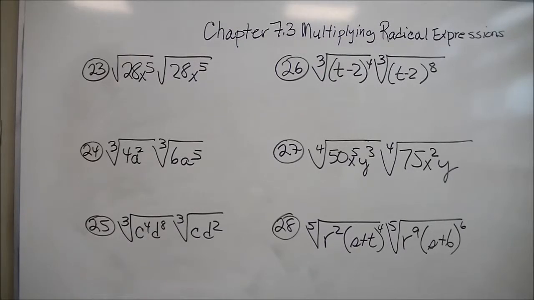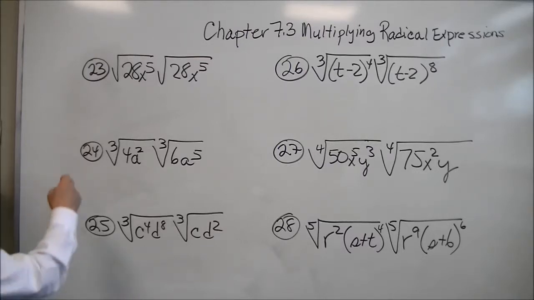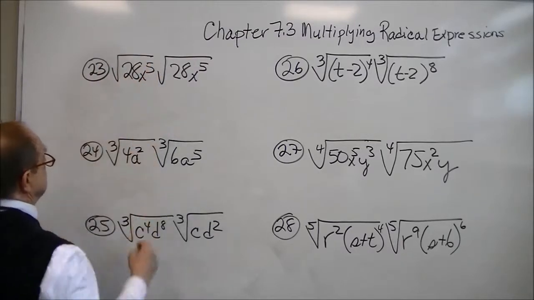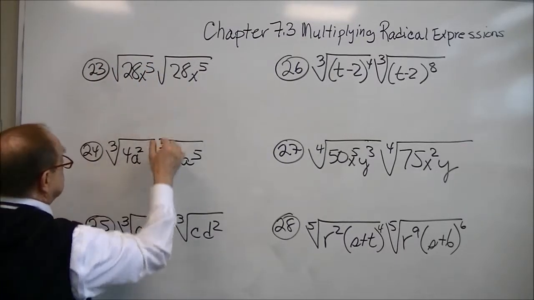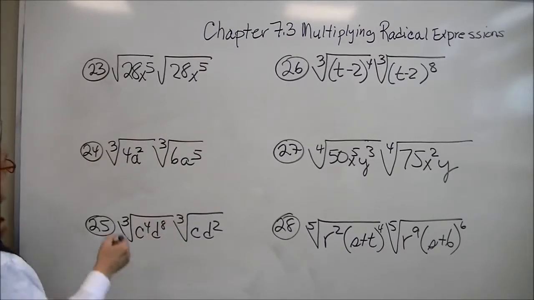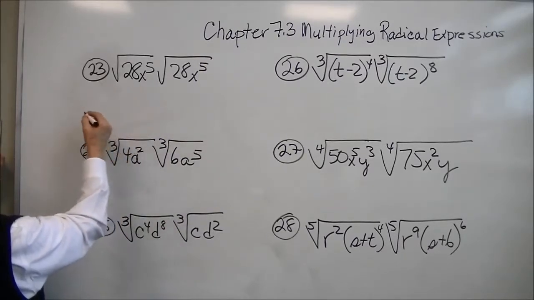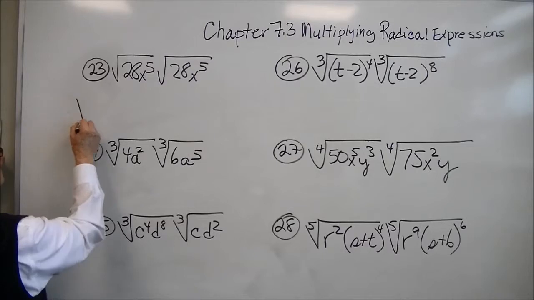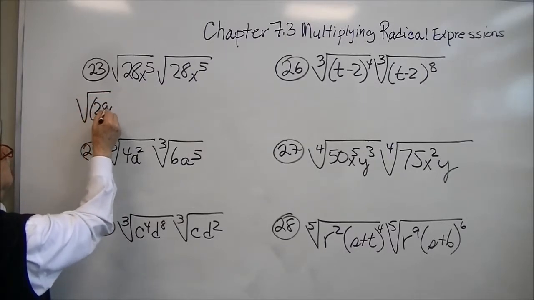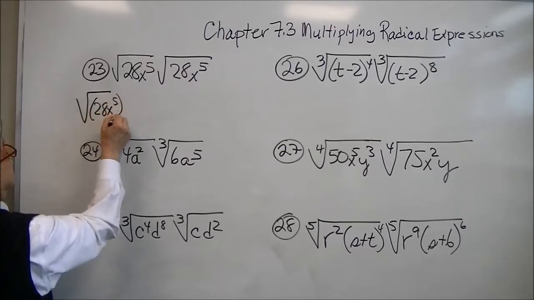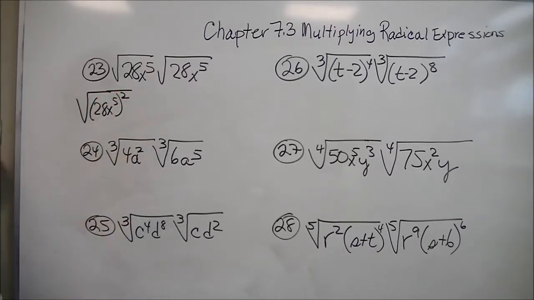Okay, winding this up. Again, they look a little tedious here, but let's see what we can figure out. Now notice our index number is 2, and our radicands are exactly the same. So in a sense, another way to write this would have been this way.